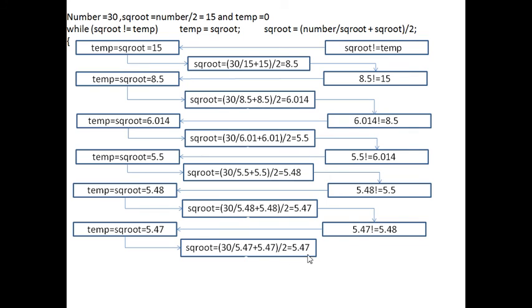Multiplying these two gives 30. So 5.47 is the square root of 30.